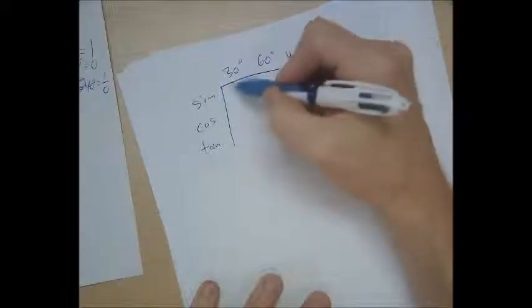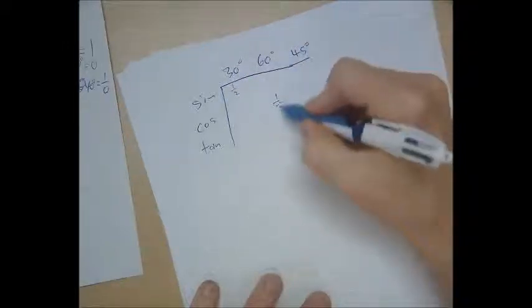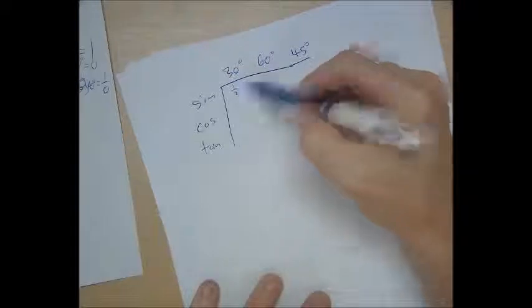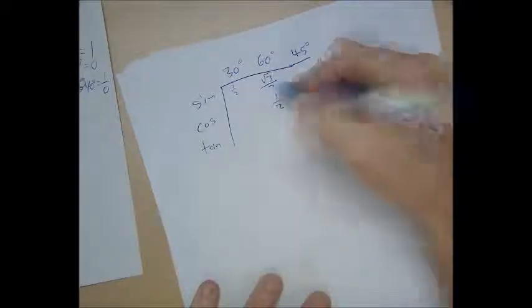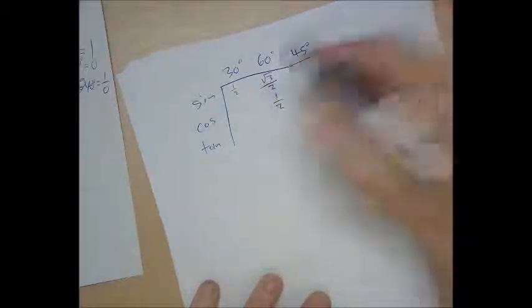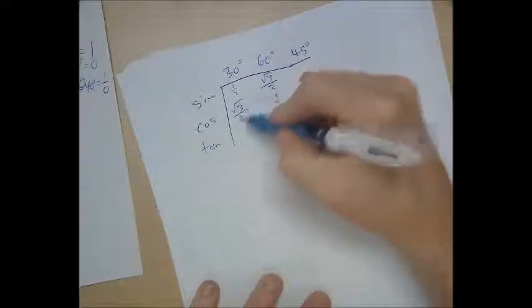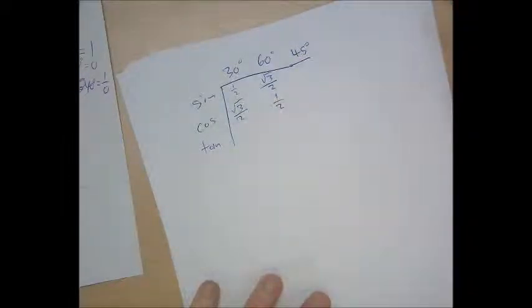So sine of 30 is half, cos of 60 is half, sine of 60 is root 3 over 2, cos of 30 is root 3 over 2. What are the other ones? Tan of 45 is 1. Do we know these?